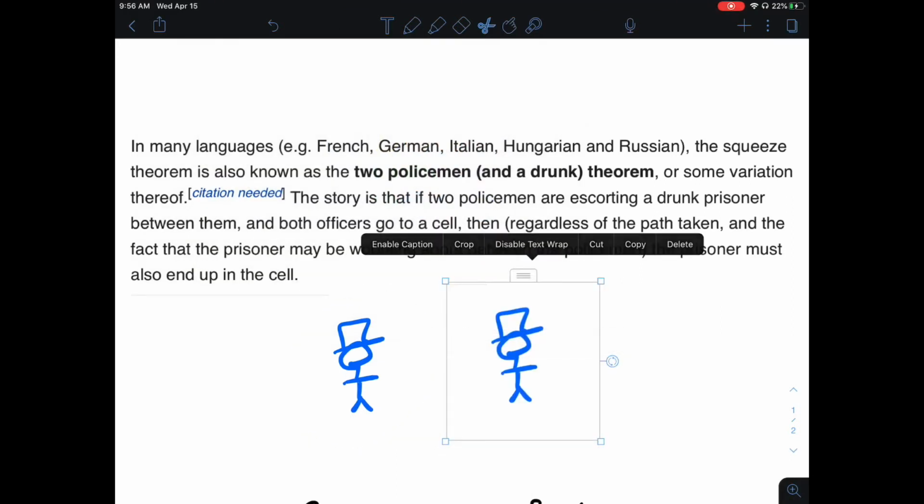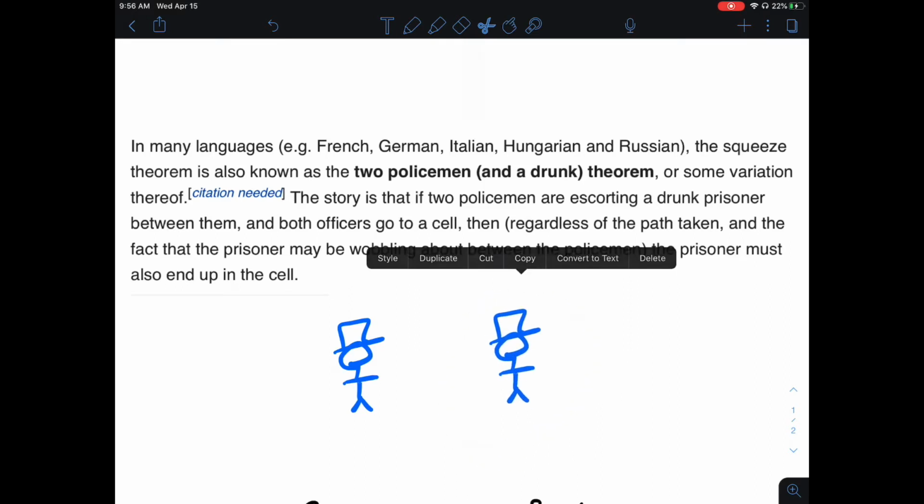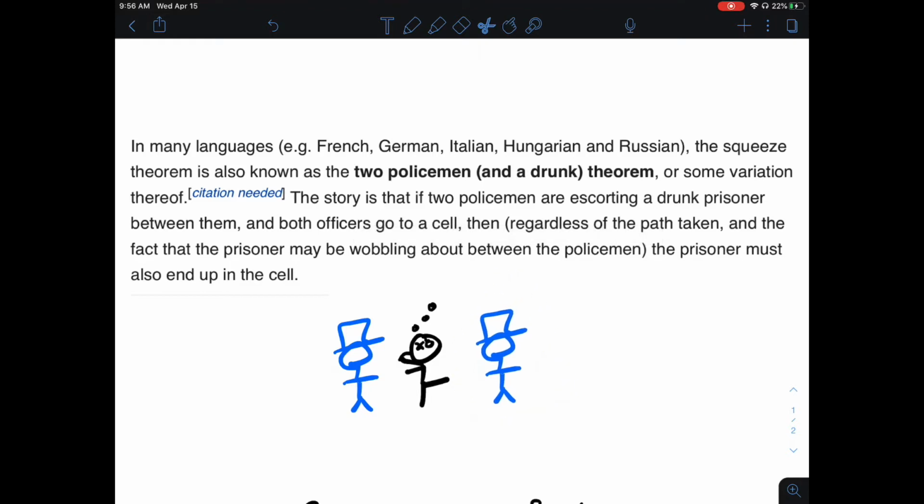And his twin brother. They are escorting a drunk between them. Those are suds. And blah, blah, blah, escorting a drunk prisoner between them, and both officers go into a cell.